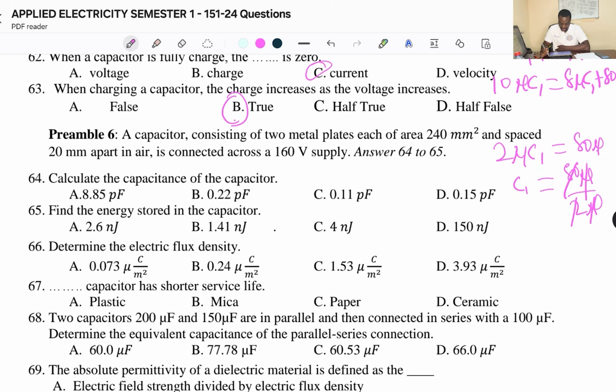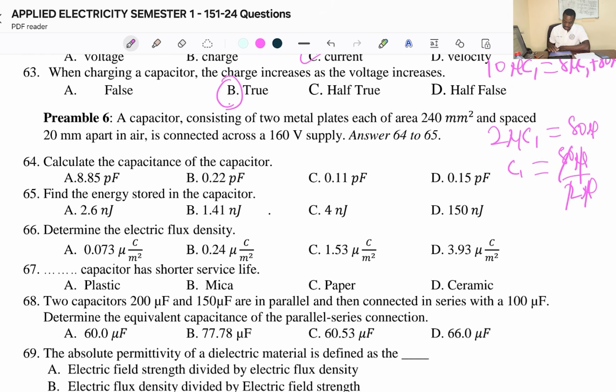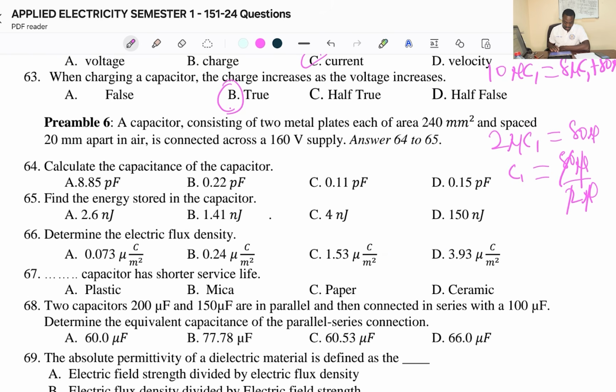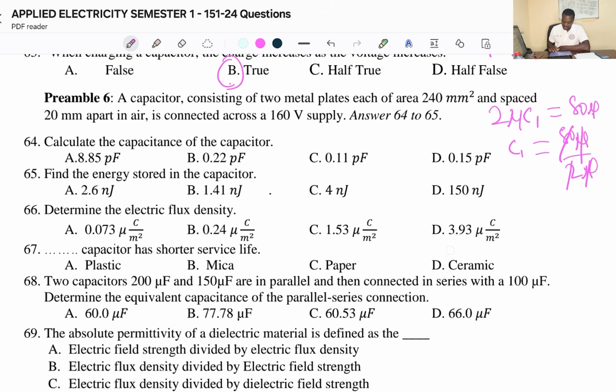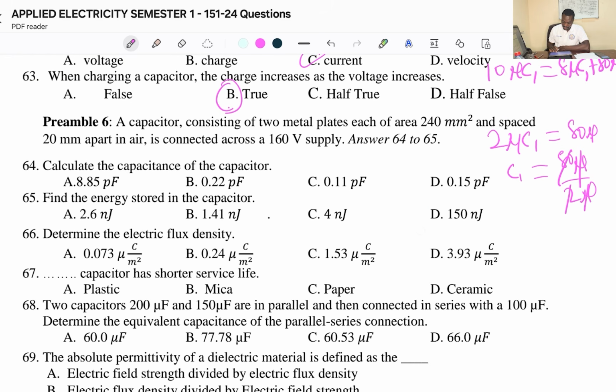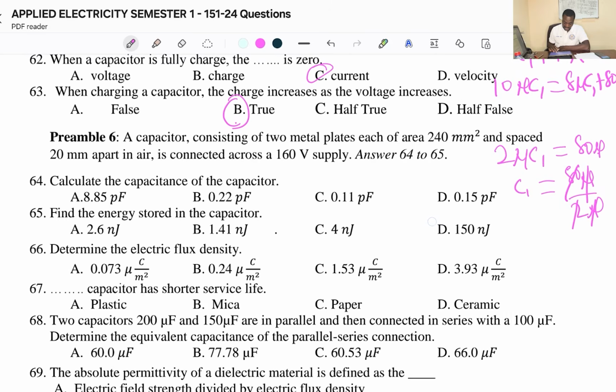A capacitor consisting of 2 metal plates, each of area 240 millimeters square and spaced 20 millimeters apart in air, is connected across a 160 volt supply. Answer from question 64 to 66.